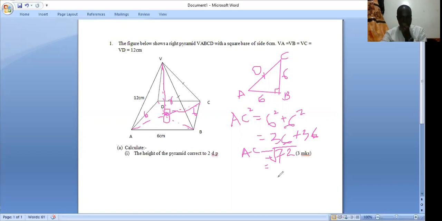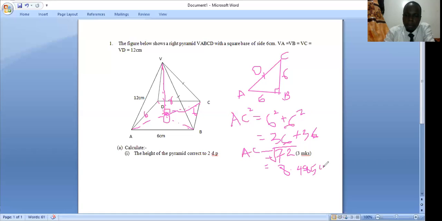I can leave the answer at that point, or I can press my calculator that I bought using my own money. The square root of 72 becomes 8.485 centimeter.